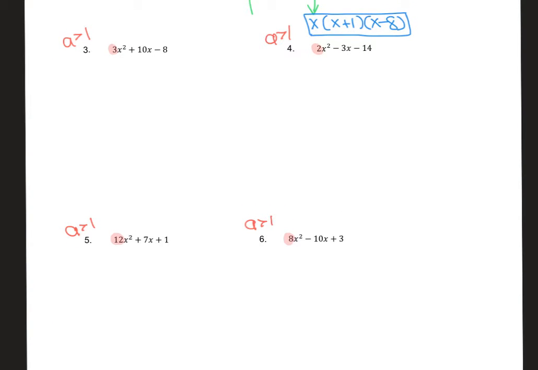So when we do this, in order to group, first we have to take the first by the last, and we have to multiply, keeping in mind that there are signs attached. So we take 3 by negative 8, and we get negative 24. Now, I don't worry about the sign for my factors. Remember, the negative or the positive there tells me if I'm adding or I'm subtracting. So I have 1 times 24, 2 times 12, 3 times 8, 4 times 6, 6 times 4, that's my repeat.